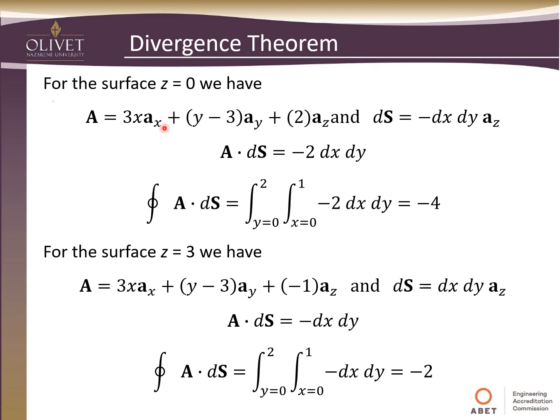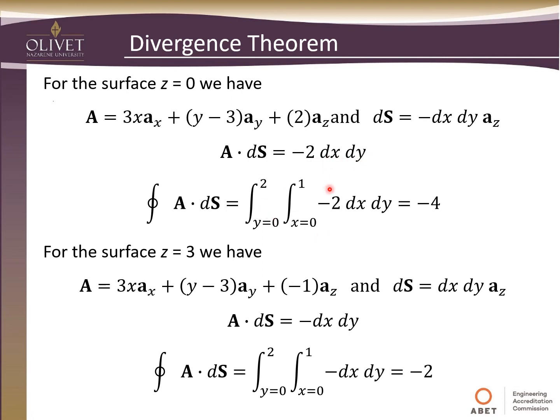Finally, for the surface z equals 0, we plug that into the original equation, and again we have non-zero for all components. Our differential surface, since we're at z, is going to be dy dx in the z direction. Here the dot product will only be the AZ terms, and so we're left with negative 2 dx dy.